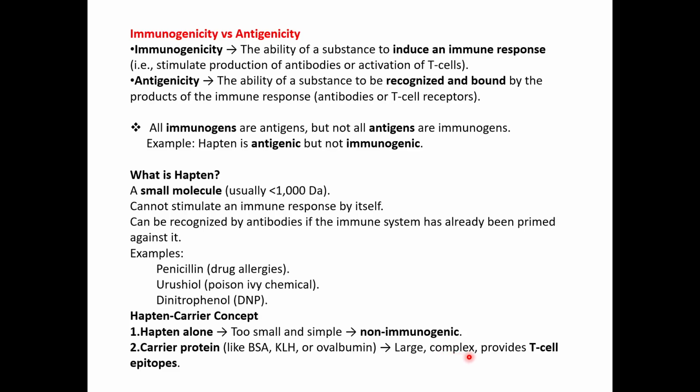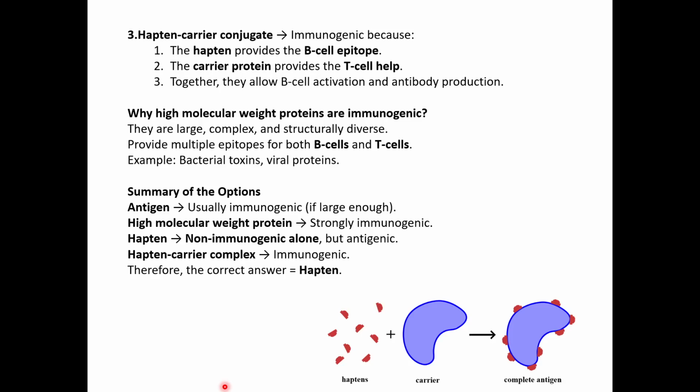So this is now large, complex, and provides the T cell epitopes. The hapten-carrier conjugate is immunogenic because the hapten provides the B cell epitope, and the carrier provides T cell help. Together they allow B cell activation and antibody production.